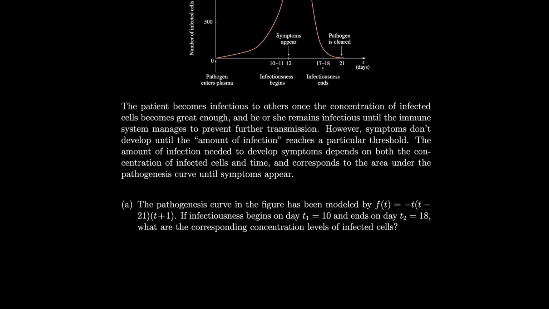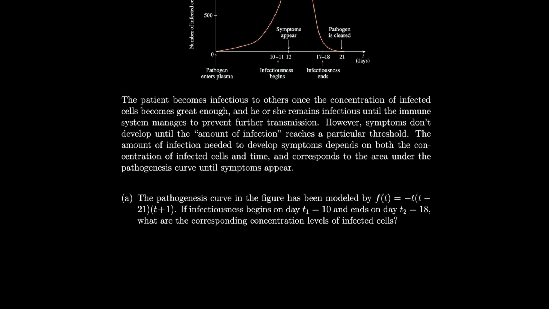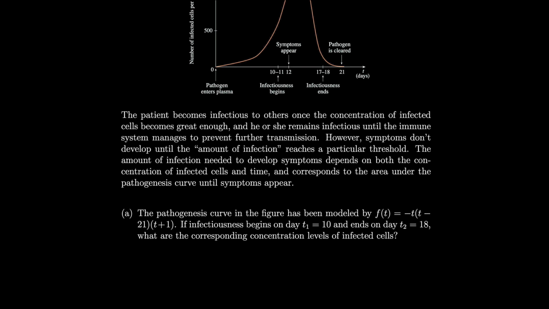So that means that we want the value of this function, f of t1 and t2. So that means we want f of 10, which is negative 10 times 10 minus 21 times 10 plus 1, which is 1210 cells per milliliter.